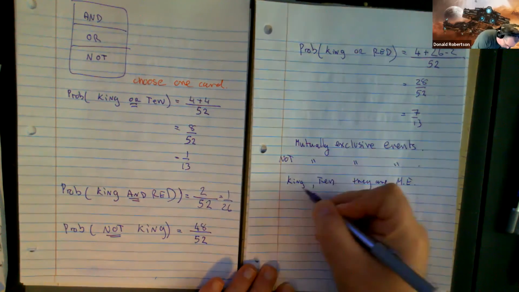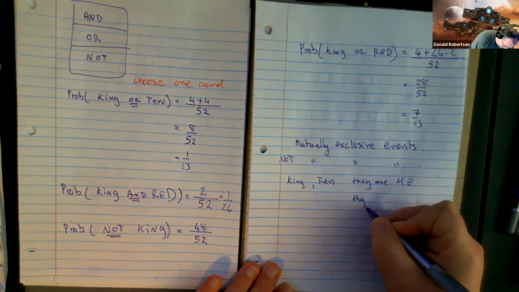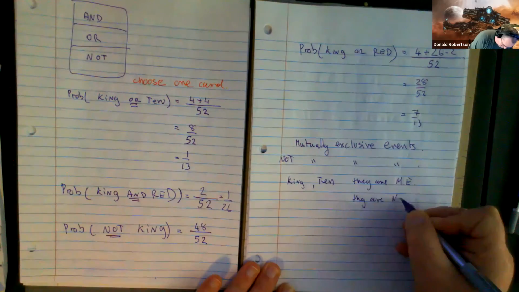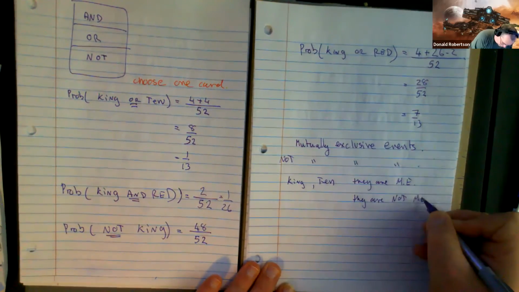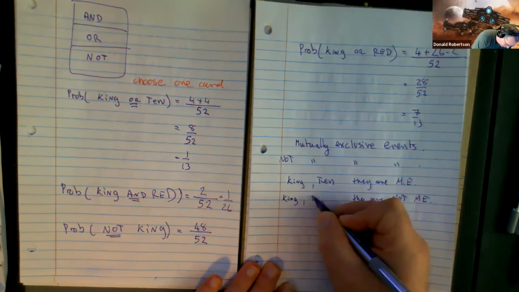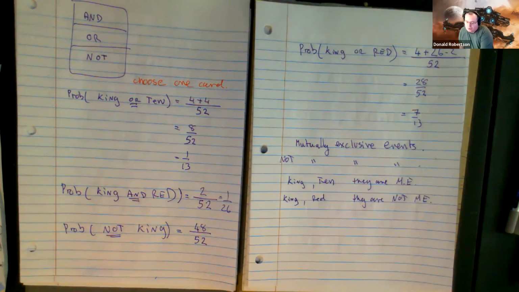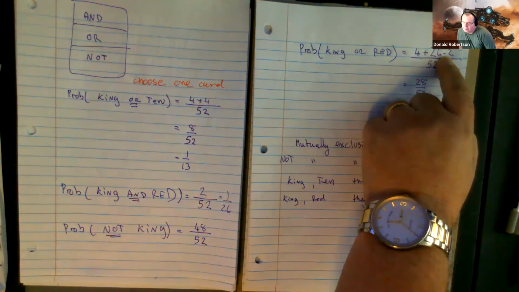Now, these are not mutually exclusive because a king and a red, they are not mutually exclusive. Would you agree that some kings are red and some red cards are kings, right? There's an overlap there. If there's an overlap, won't you have to take care of the double dipping?